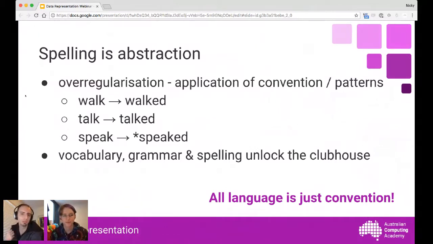It's wrong because they haven't learned the convention that we have applied for a word of its type. A lot of these exceptions are just learning new rules or new conventions and understanding how those patterns apply. English is a stupid language for it, but it has its roots in multiple languages that all have their own rules. So it's partly a result of history and linguistic development in the language that's gotten us to this point. But it's just a convention.